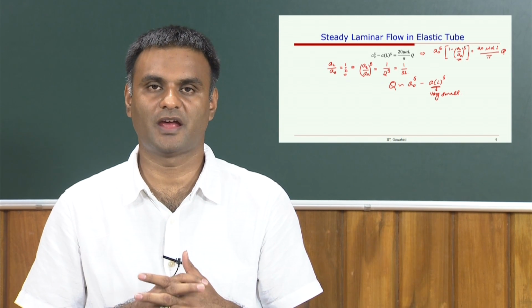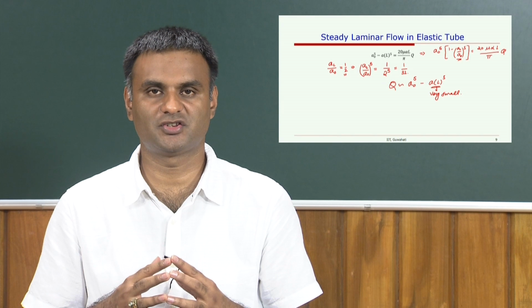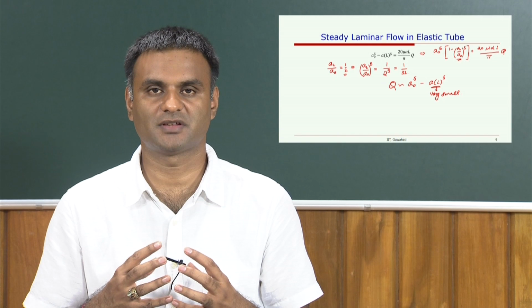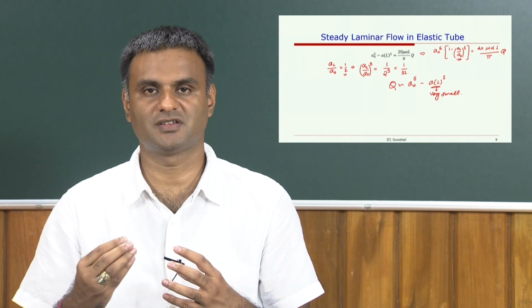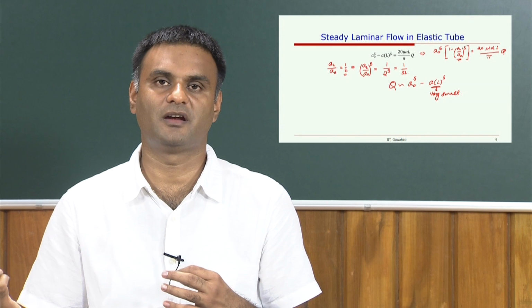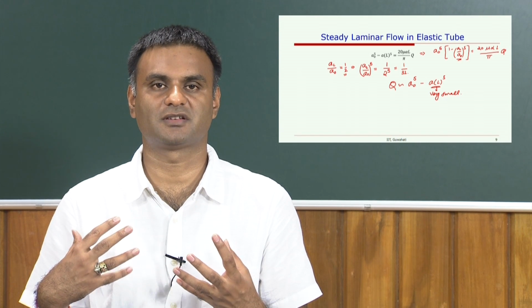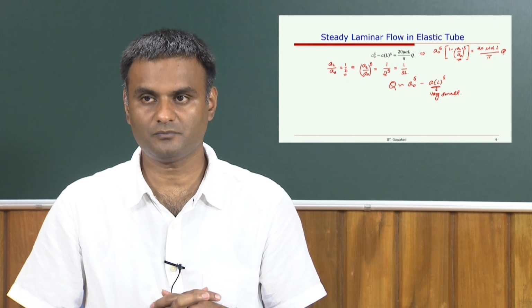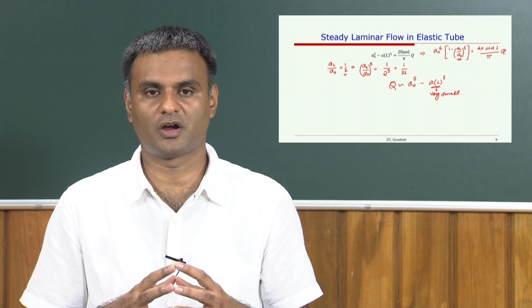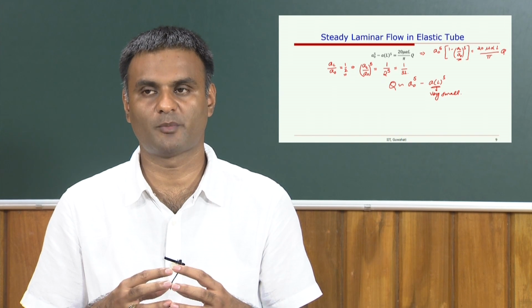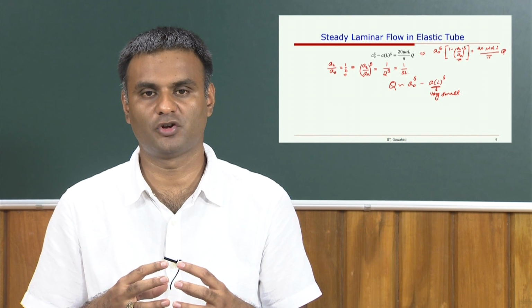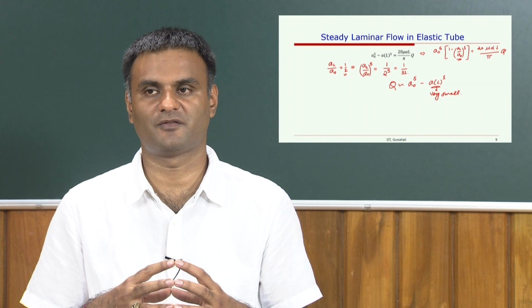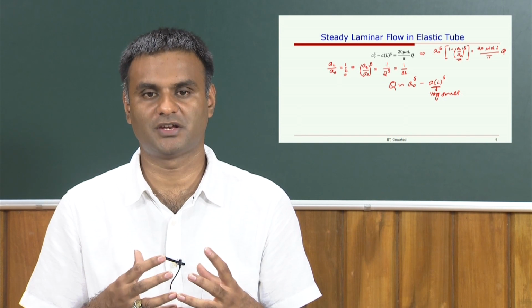Then based on that pressure distribution, we calculated the deformation in the channel, or the change in the channel radius, and then we substituted this channel radius in the Poiseuille's flow and calculated the flow rate. So in this problem we had to consider both the fluid mechanics problem, which is Poiseuille's flow, and the solid mechanics problem, where we looked at the deformation for a thin wall tube.